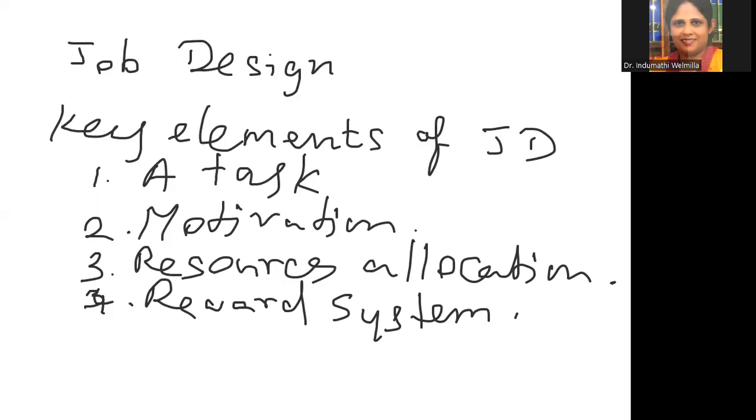Likewise, we can further explain job design this way. Job design is the specification of contents, methods, and relationships of jobs in order to satisfy technological and organizational requirements, as well as the social and personal requirements of the job holder.